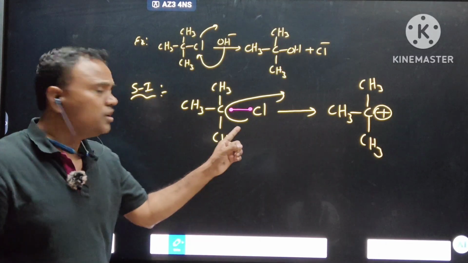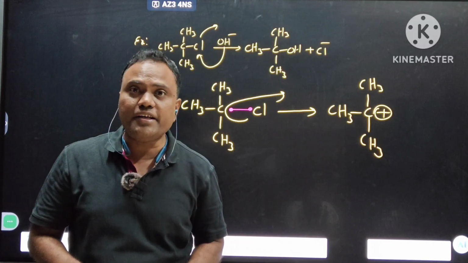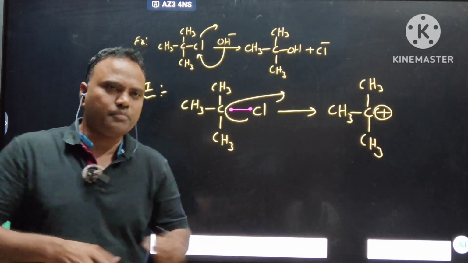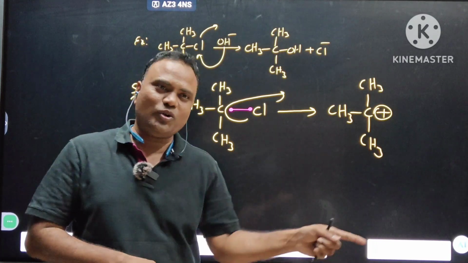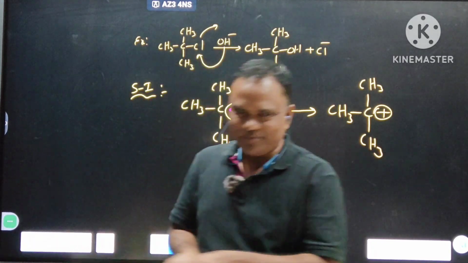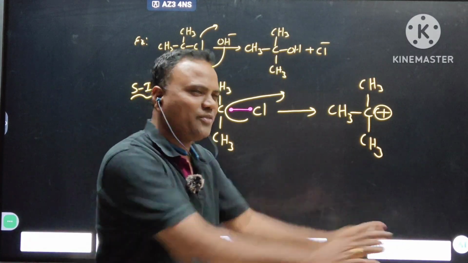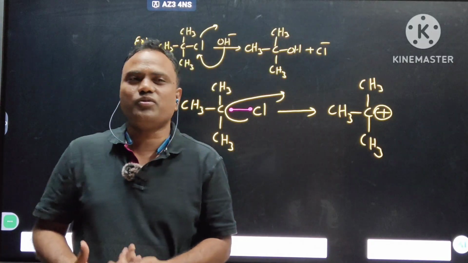Clear? So this is a slow process. Why is it a slow process? See, chlorine is forcing carbon, hey, give your electron. But carbon is saying, I don't give my electron. But chlorine is taking forcefully. It is a slow process or not? Carbon is not giving readily, but carbon is losing electron forcefully.